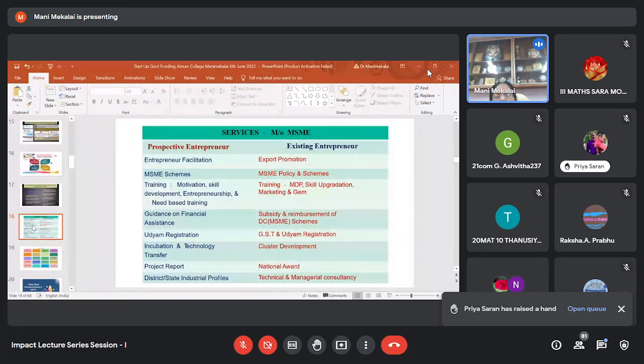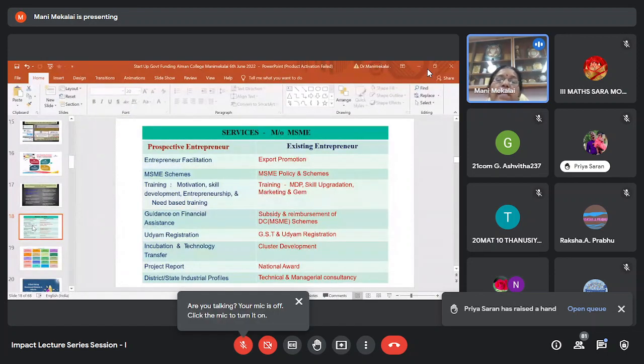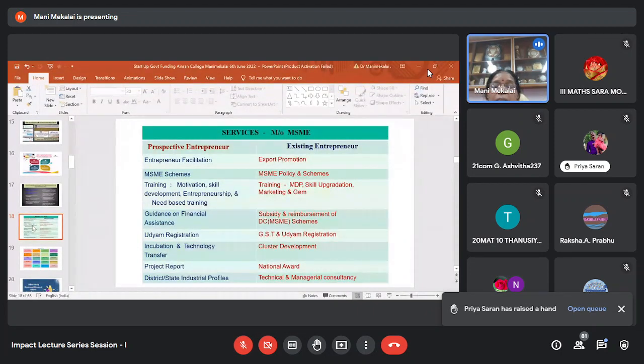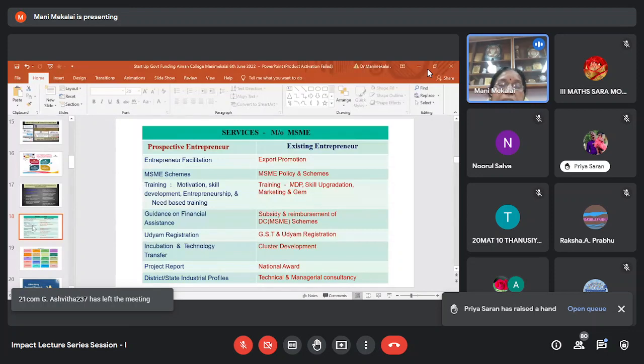Earlier it was called SISI, Small Industry Service Institute, which was functioning in Chennai. But later on in the 1990s, late 90s, I should say, they have all been brought together under the banner of the Ministry of Micro, Small and Medium Enterprises. In every state, you have the MSME Development Institute, and they are implementing these services.